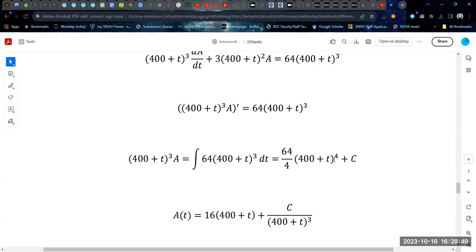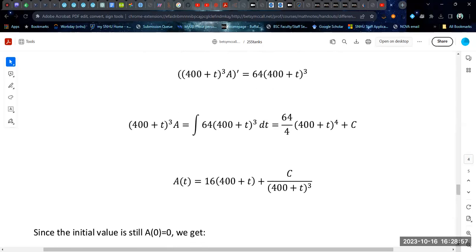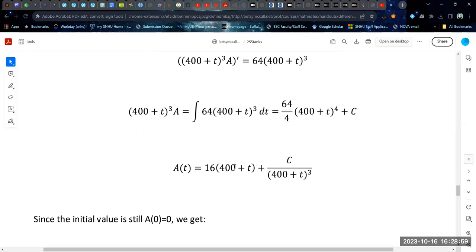We end up with this expression, and then we divide by the thing multiplying the A in order to get A by itself. And so we have this linear expression that relates to essentially how much the tank is filling up. Expressions like this often end up leaving us with really crazy constants.